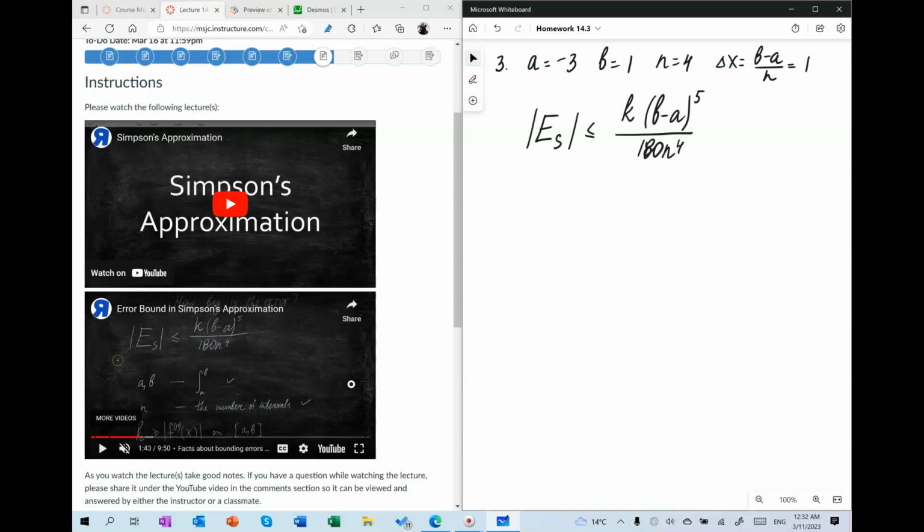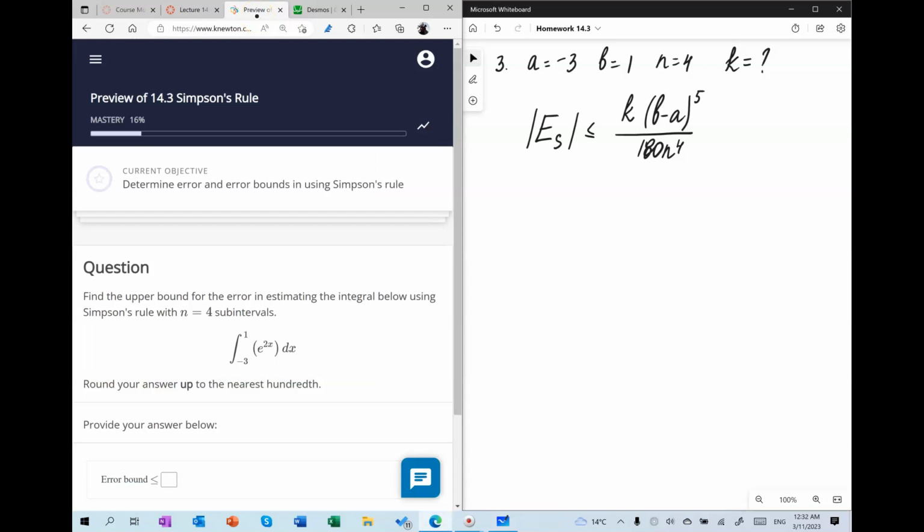And in our case, we know everything, and we don't need delta x here. But we do need k. And what is k? K is the upper bound for the fourth derivative. So we need to find the fourth derivative in order to find its upper bound.